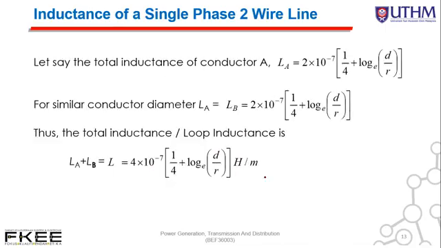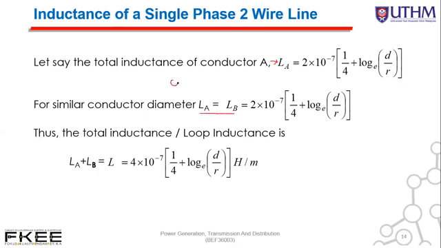Now, the total inductance of conductor A that we discussed previously is L_A equals 2 times 10 to the power of minus 7 times (1 over 4 plus log exponent D over R). For a similar conductor diameter, L_A equals L_B.